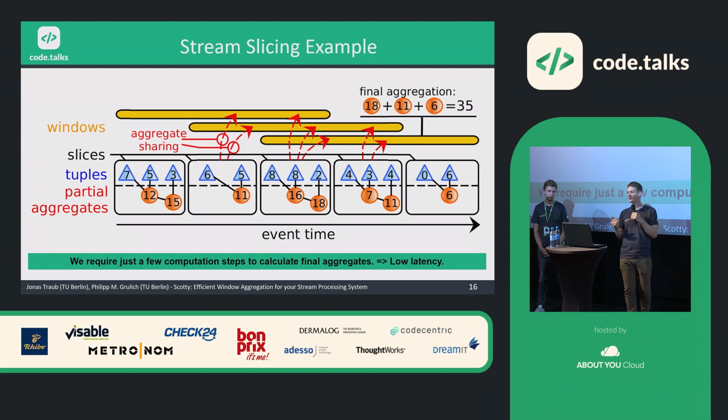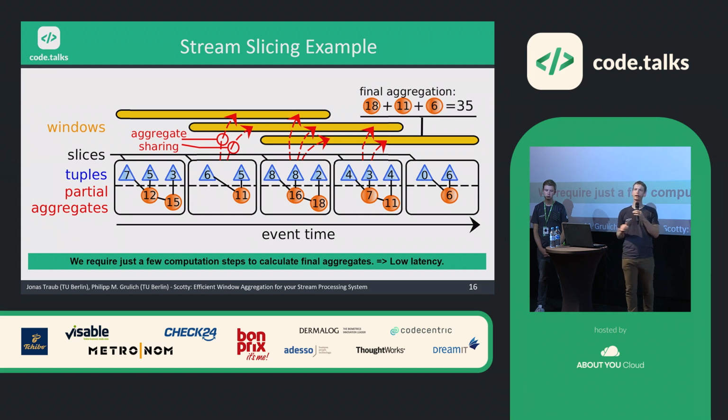Maybe if you have a lot of queries in the system, there might be a few hundred slices, but the final aggregation for those you can do very fast with low latency, and you could even have a tree structure with pre-aggregates to have even lower latency, so that this will not become your bottleneck.